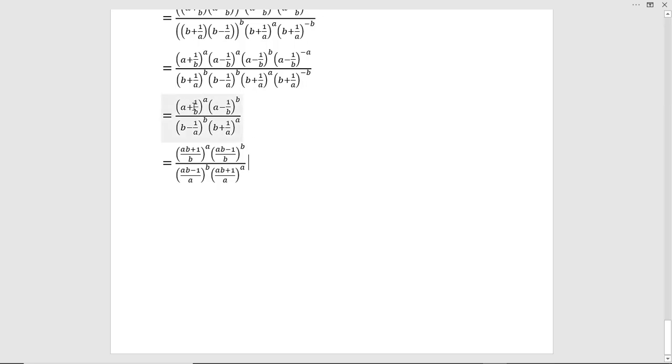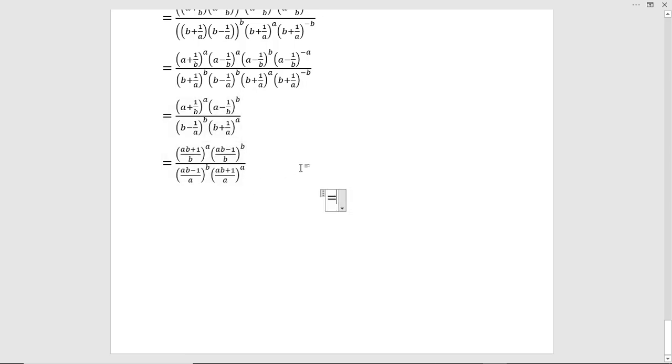Before that, we can add the fractions: ab plus 1 divided by b, and from here we will get ab minus 1 divided by b. From here we will get ab minus 1 divided by a and ab plus 1 divided by a. Now we will separate the expressions whose powers are a and whose powers are b.